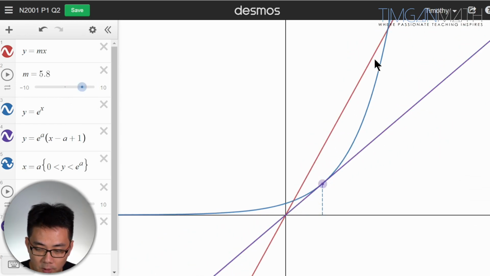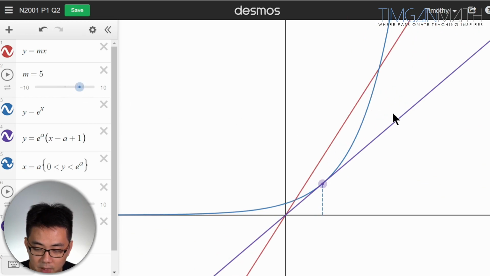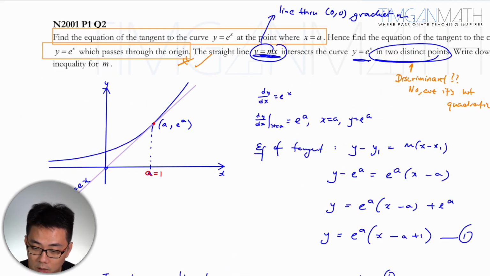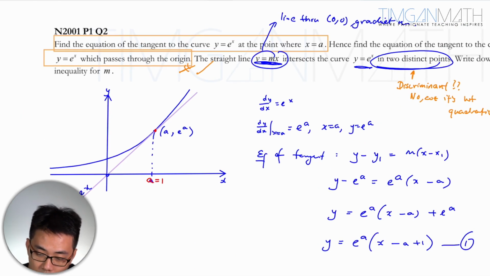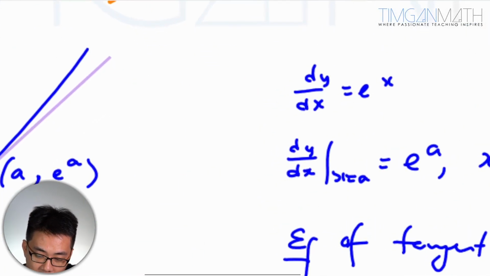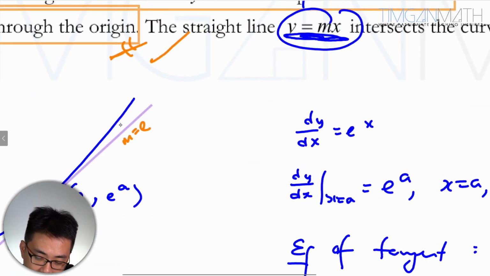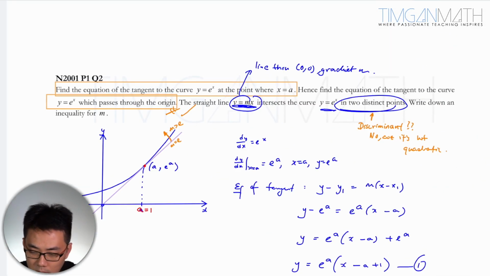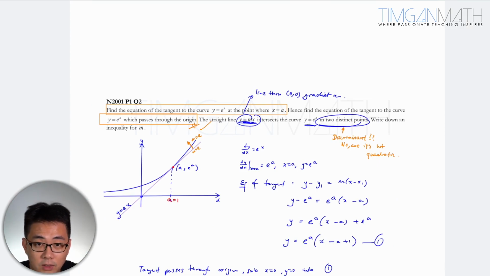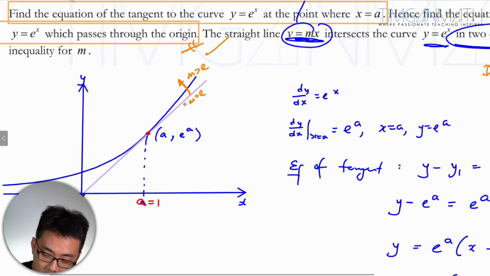So how should you go about it? It means that your line should be steeper than e, correct? Because for this graph, you have m equals e here. The gradient is e here. Anything steeper than here is m bigger than e. When m equals e, it cuts the curve once. If you don't want any solution, then m should be less steep than e.